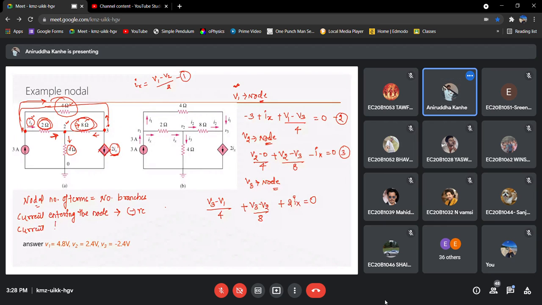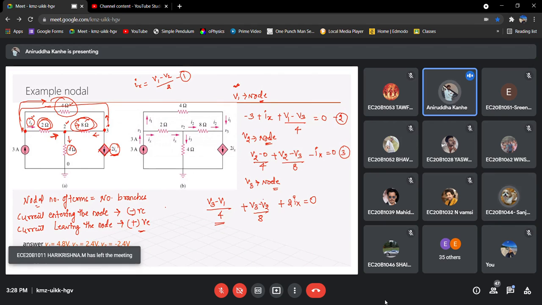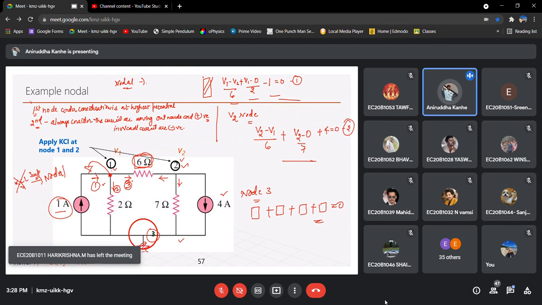Current leaving the node is positive. Okay. So then for the V3 node, V3 minus V1 by 4 plus V3 minus V2 by 8, they should be negative, right? This you are saying? Yes, sir, those two terms, as they are coming towards. No, that's what I was saying. You have to consider this.